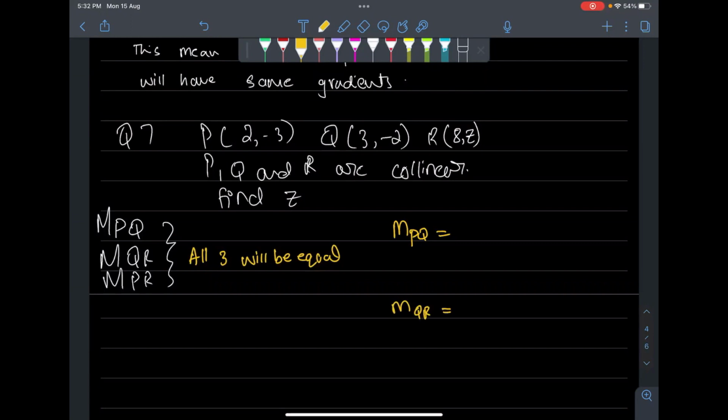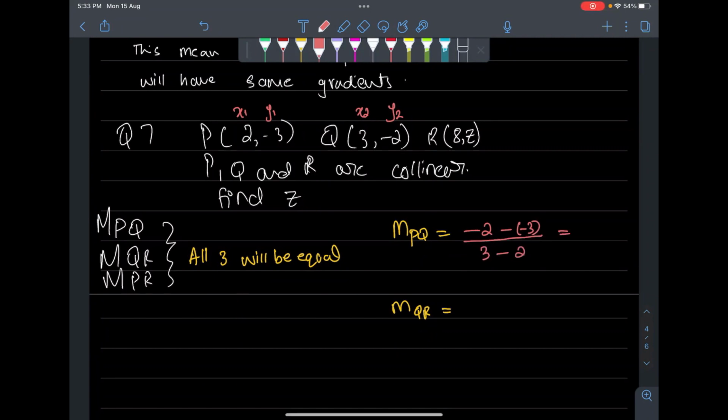So gradient of PQ is what? Let's give them coordinates. For PQ, I'll give them x1, y1, x2, y2. So y2 minus y1 is minus 2 minus 2 upon y2 is what? Minus 2. Y1 is minus 3. Sorry, it is minus 3, upon x2 is 3 and x1 is 2.